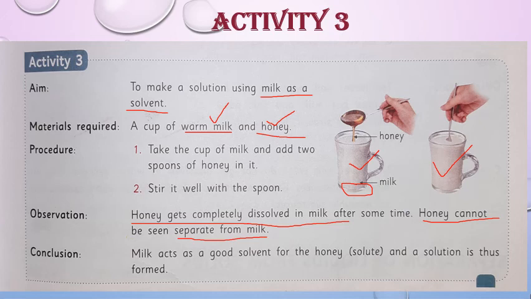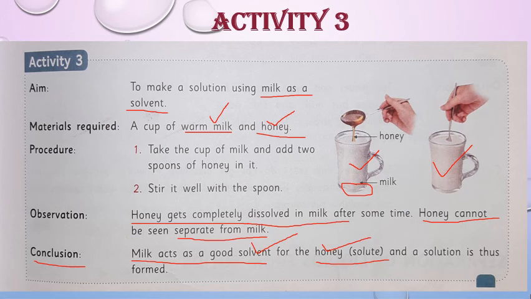Now what conclusion do we get from here? That is, milk acts as a good solvent. Milk is a good solvent and honey is a good solute. Both milk and honey are liquids.